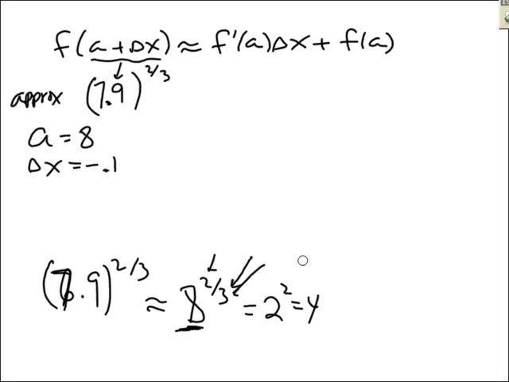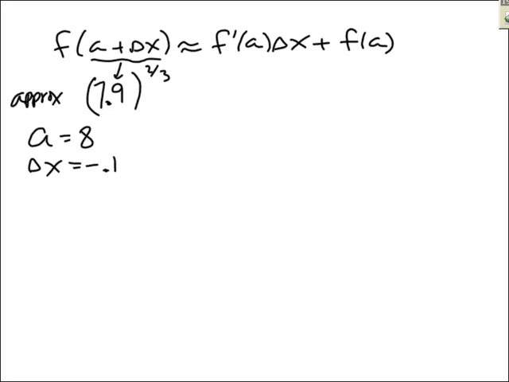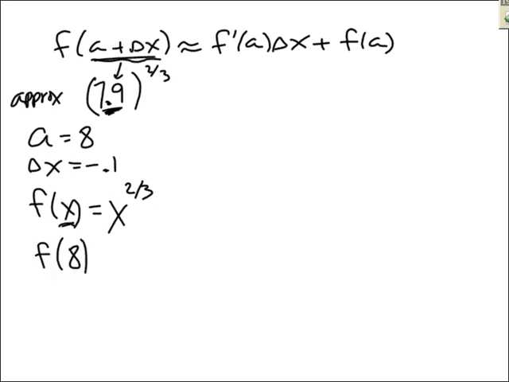Now we have to find out what f of x is, and then f of 8, and then f prime of x, and f prime of 8. Well, f of x is exactly what was being done to a plus delta x. That is, it's being raised to the 2/3 power. So therefore, f of 8 is 8 to the 2/3, which we claimed was 4. And now we have to find f prime of x.